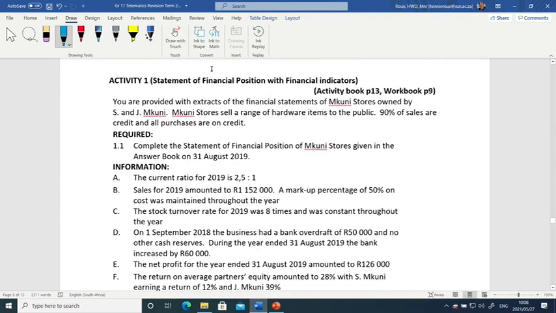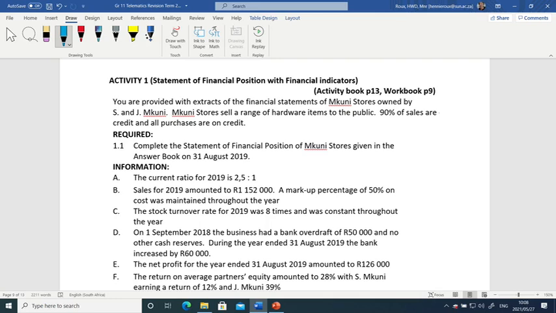The first one is in your activity book, page 13, and then in your workbook, page 9. We have the 2 partners, S and J Mkuni, from Mkuni Stores. They sell a range of hardware items to the public, and 90% of sales are on credit, and all the purchases are on credit.